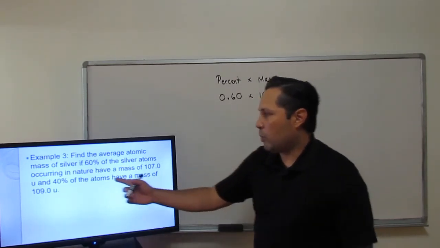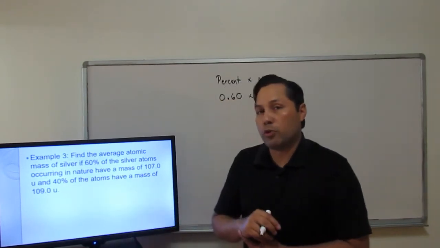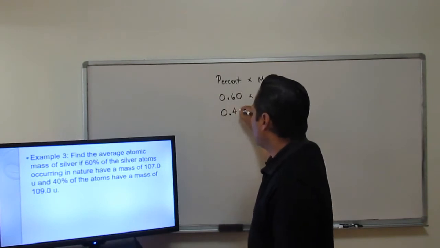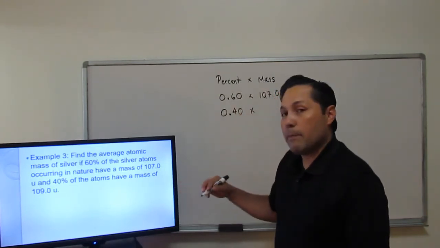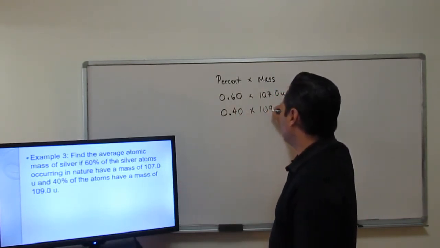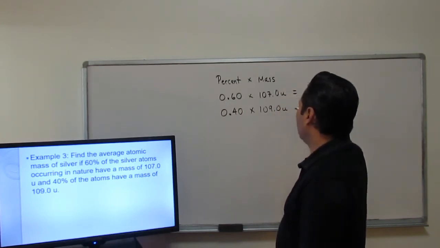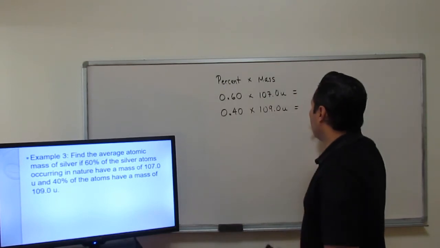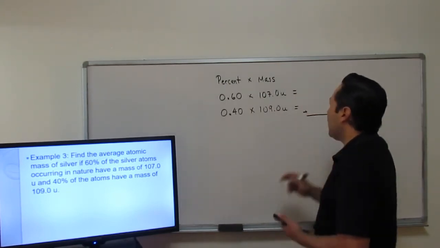Our other isotope has an abundance of 40%, so I'm going to put it as a decimal, that is 0.4, and it has a mass of 109 U. Alright, at this point you use your calculator, you multiply them, and then to get the total we're just going to add them together.